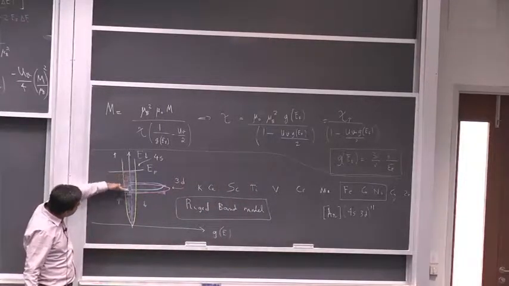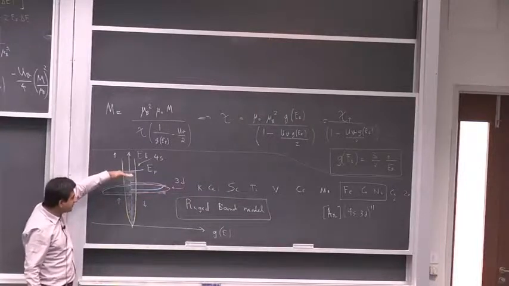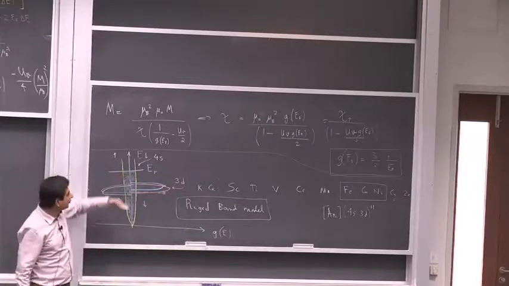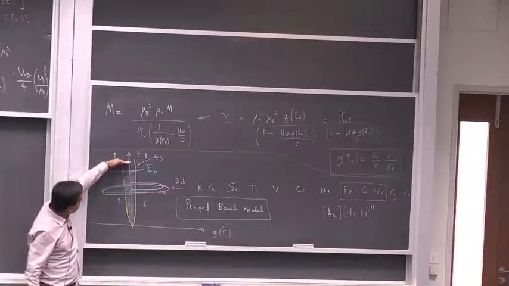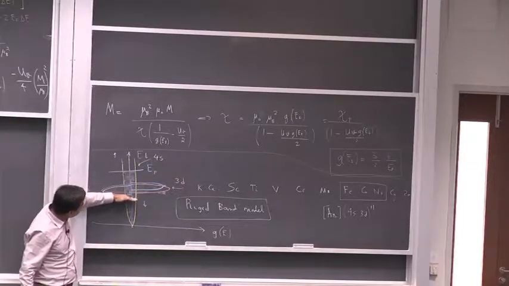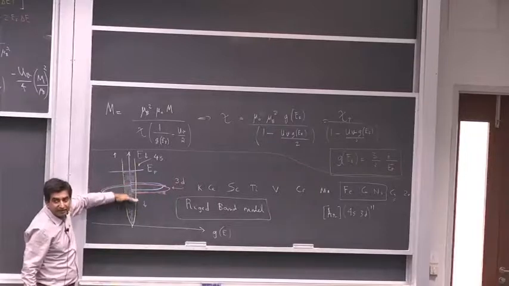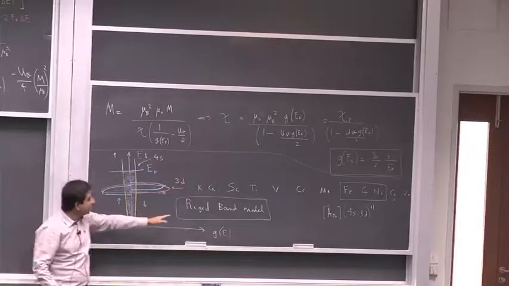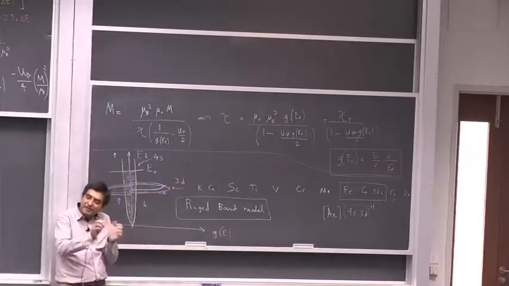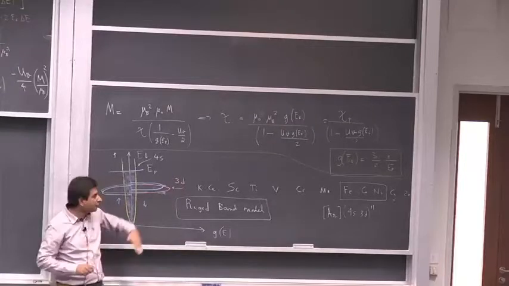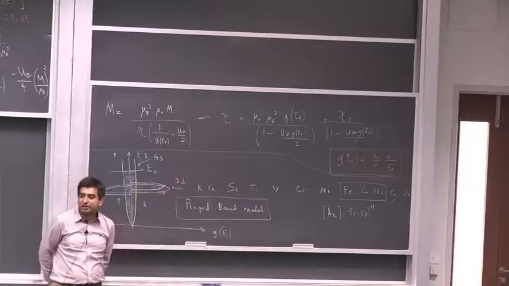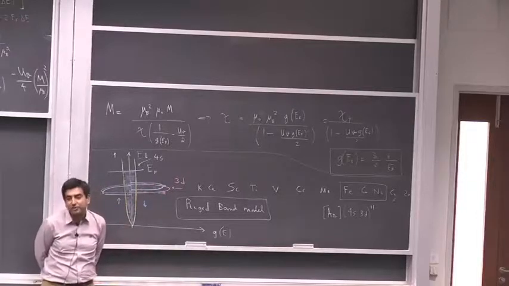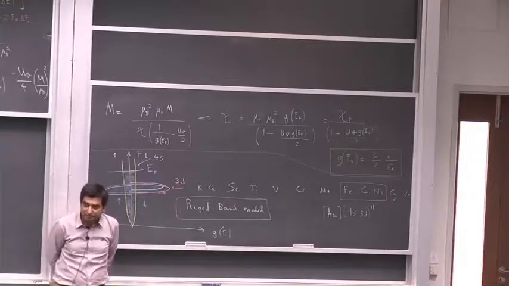It's only that the Fermi level changes from element to element. So for copper it lies here, for zinc it might lie here, for iron it might lie here, for cobalt it might lie here. Only the position of the Fermi level changes inside one period of the periodic table. Okay, so it's a good approximation. We're going to use this approximation now.